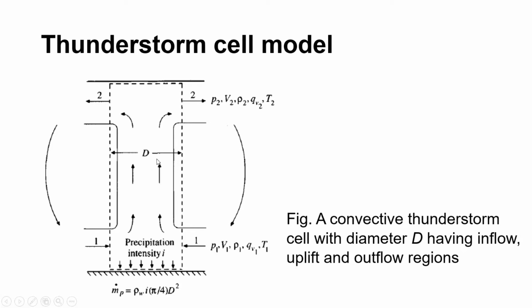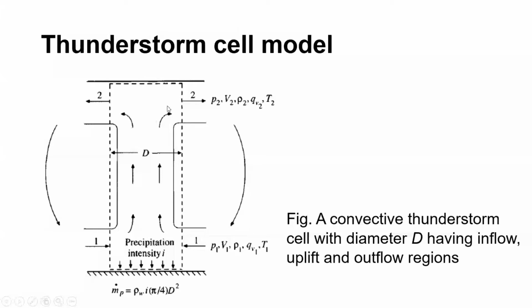The middle region is the uplift region, where the moisture rises and condenses, and that becomes rain. At the top is the outflow region. Once the water is lost from the moist air, it becomes dry air.